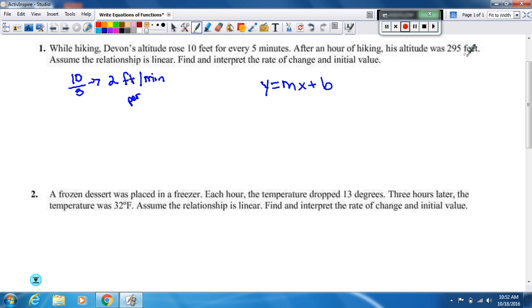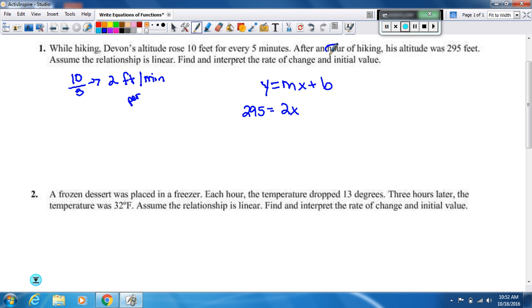Okay, so y is the final value, 295, equals 2 times an hour.